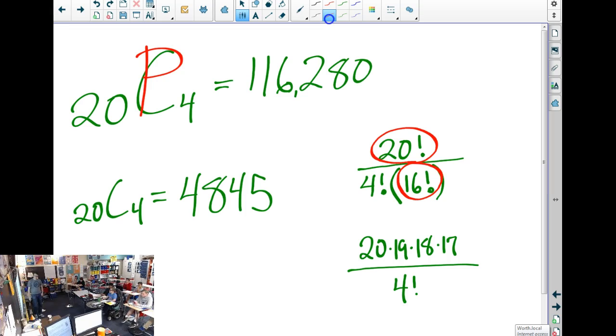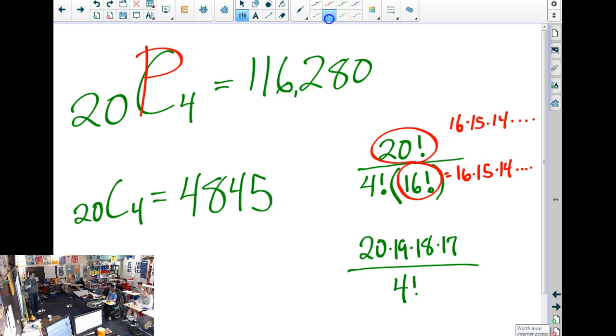Oh, that makes sense. Wait, wouldn't that just be 20 factorial over 20 factorial? No. But 4 factorial times 16 factorial would be 1. Well, I mean, our situation is correct. This part of this factorial will reduce out. We're trying to get away from the word cancel.